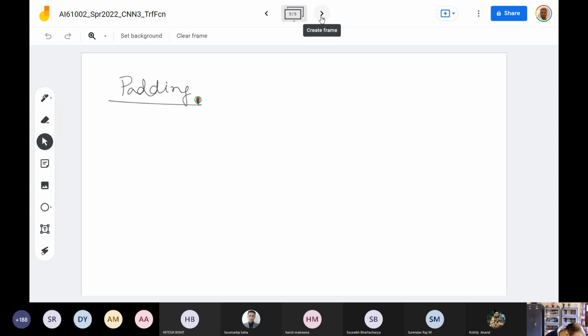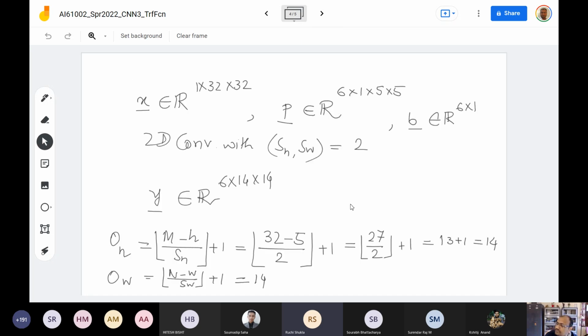Now what does this padding do? So the padding's role is, yes. Sir, is there any reason behind ignoring the last column when n minus w is not the exact multiple of the stride? Because if we are taking the floor, then that means that we have ignored the last column, right?